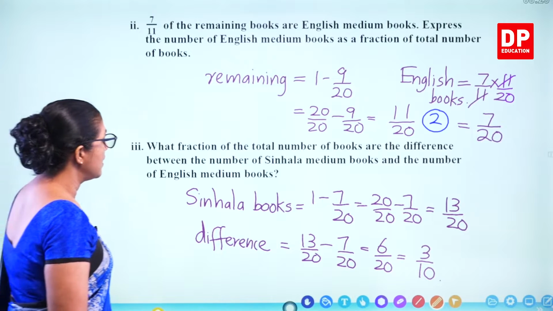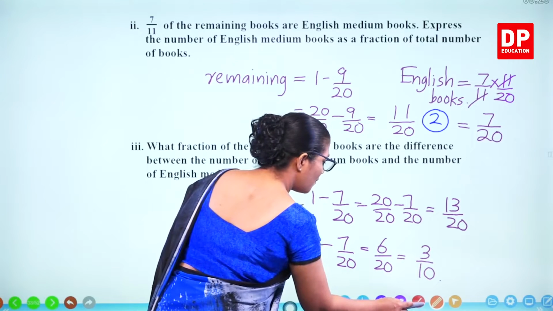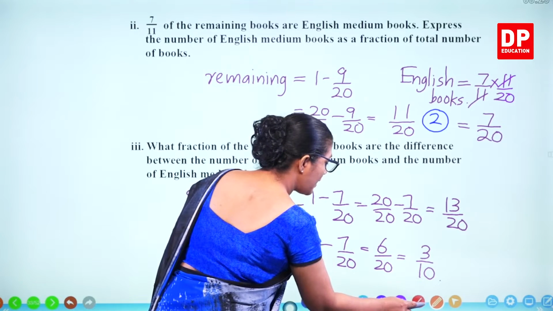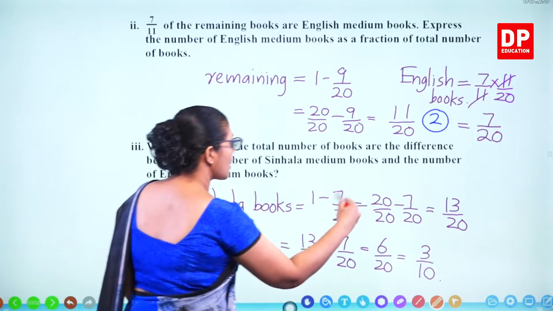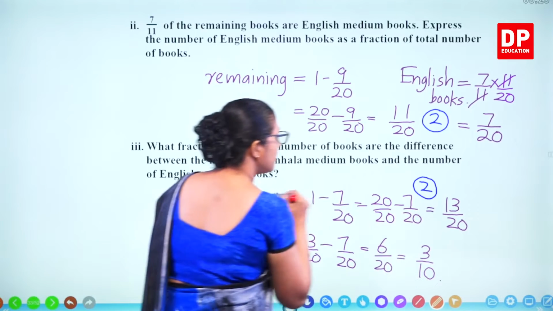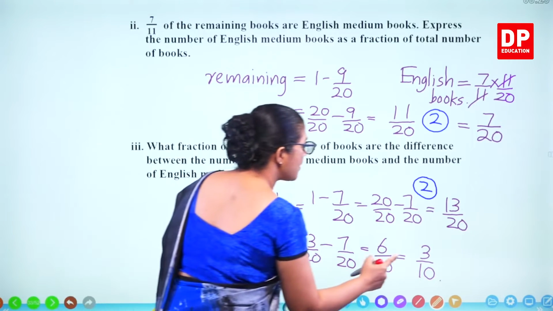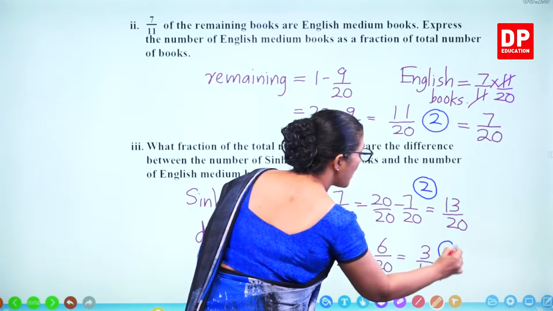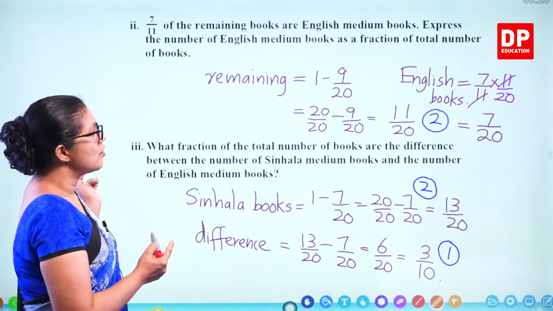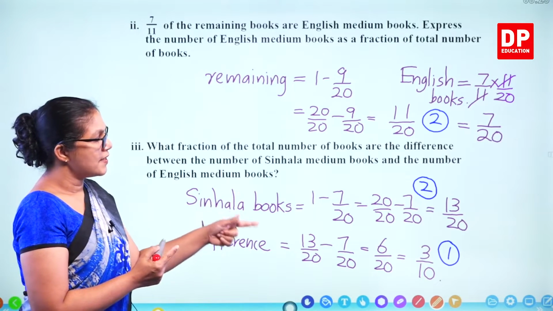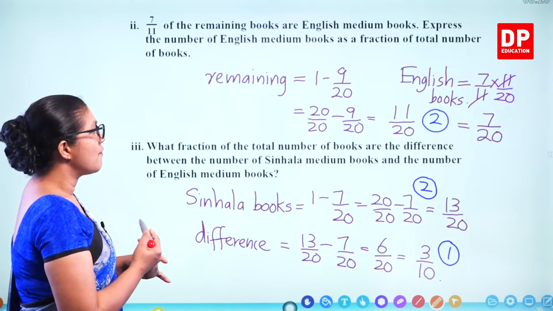So you get 4 marks here because you are finding this one and taking the difference. So 3 marks we can give. 3 marks enough. So here 2, 2, 4, 5, 6, 7. 3 marks there. So 7 already given.